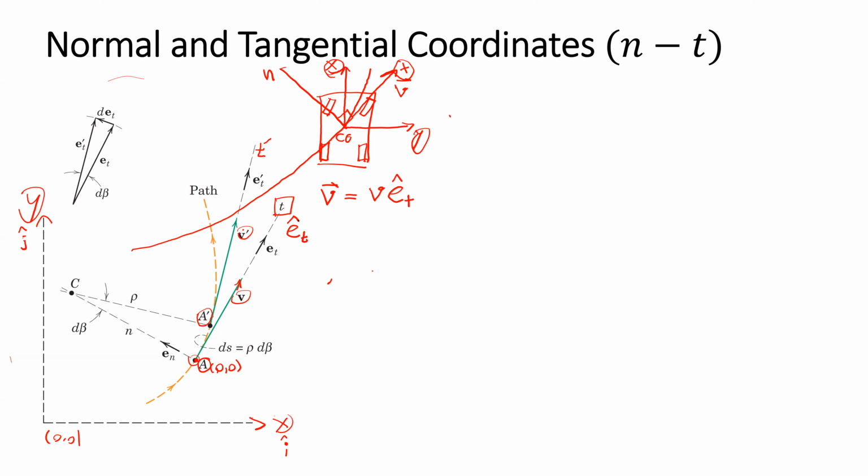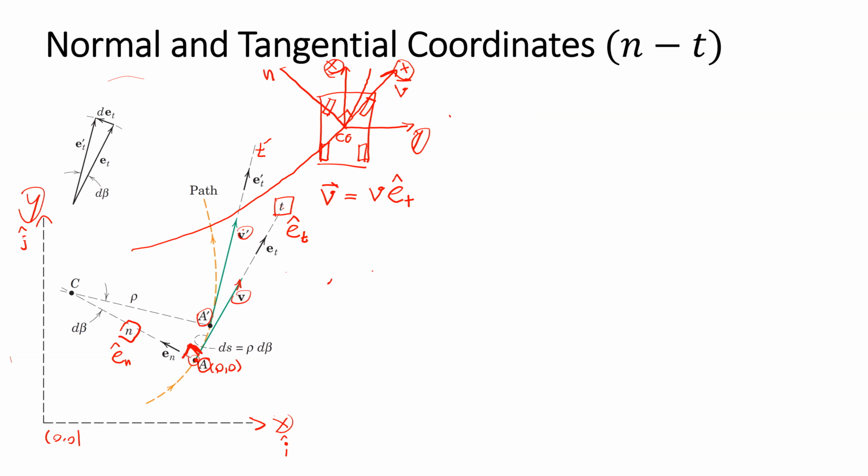As I mentioned, we have the t direction and another direction that is normal, perpendicular to the t direction. That axis is the n axis, and the unit vector of the n axis is e with a cap and subscript n.